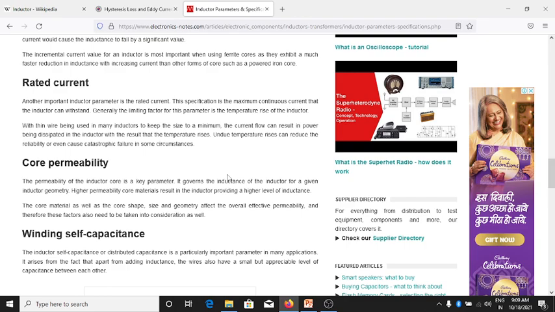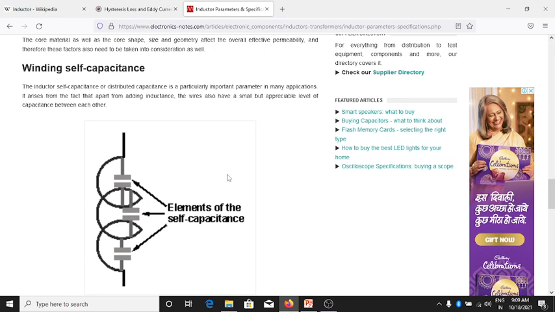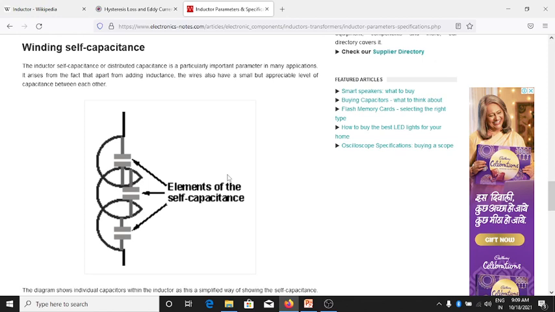Next is winding self-capacitance. Inductor self-capacitance or distributed capacitance is a particularly important parameter in many applications. It arises from the fact that apart from adding inductance, the wire turns also have a small but appreciable level of capacitance between each other.